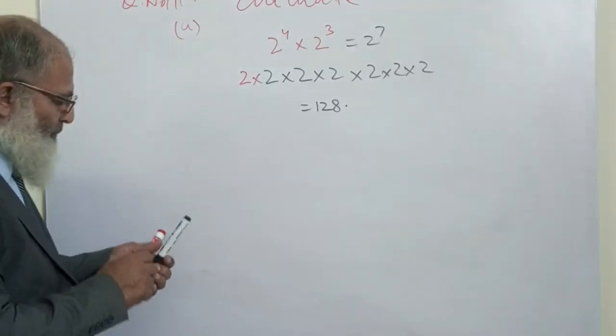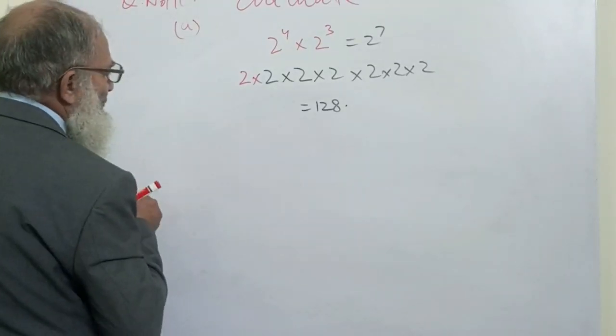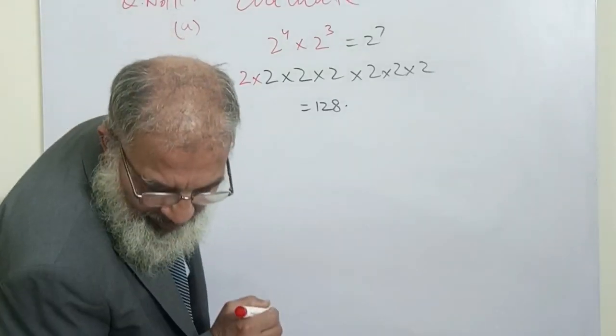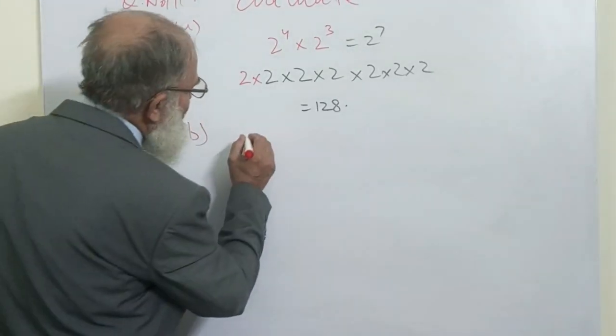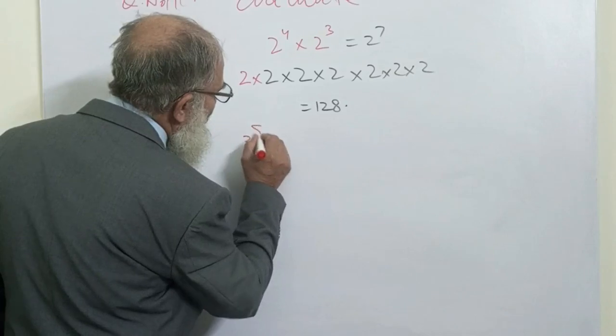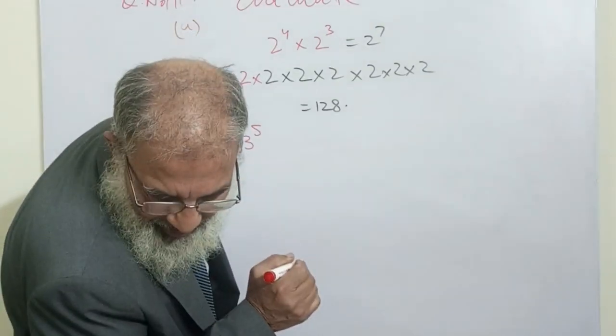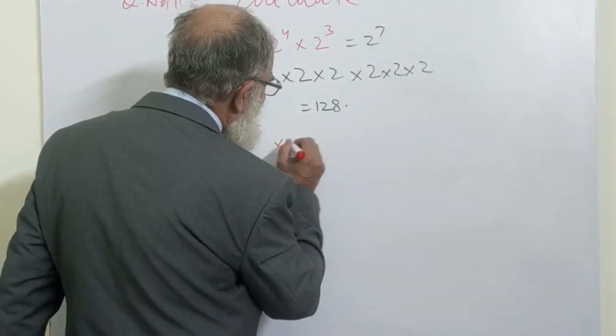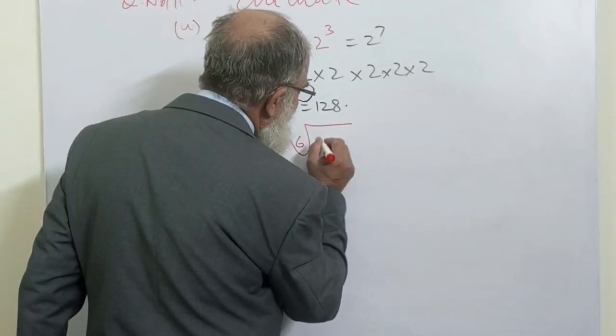Well, from part number B, it is 3 raised to power 5 and sixth root of 64.